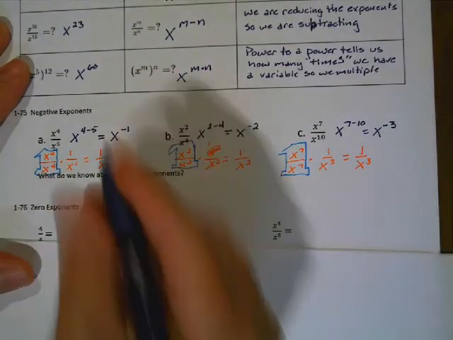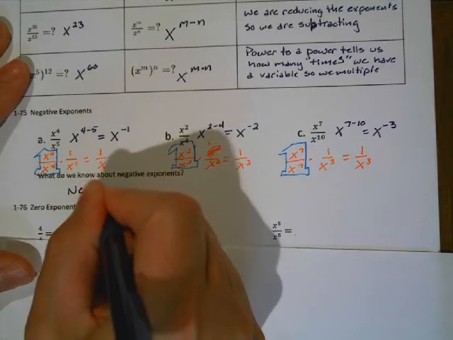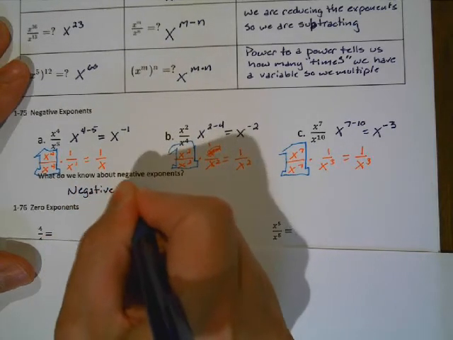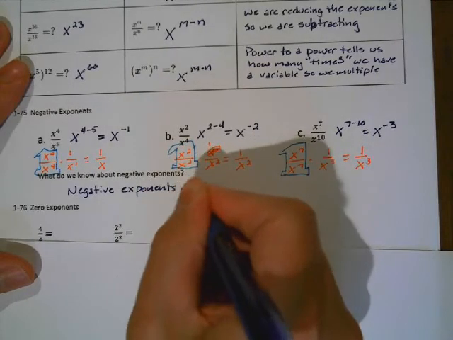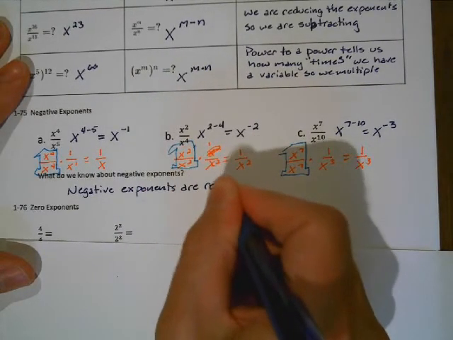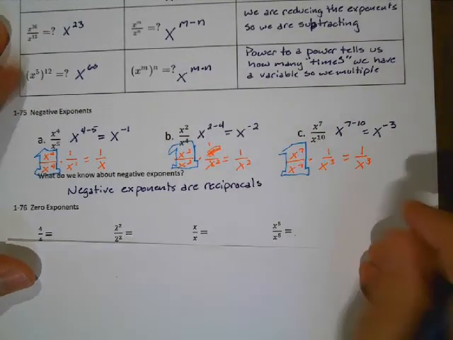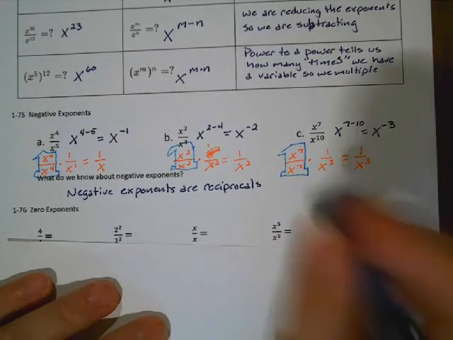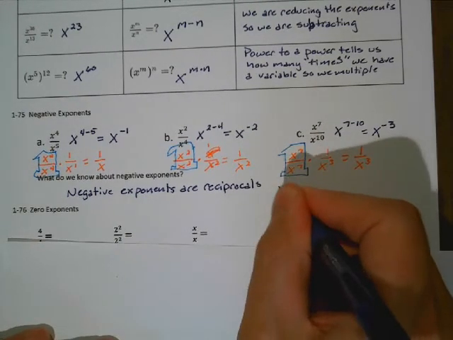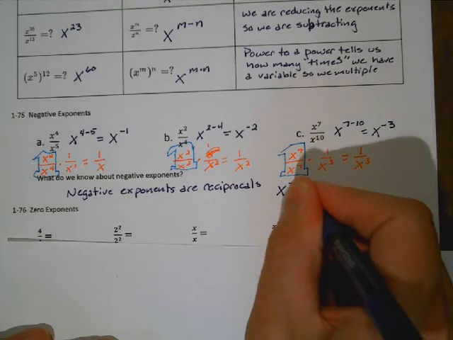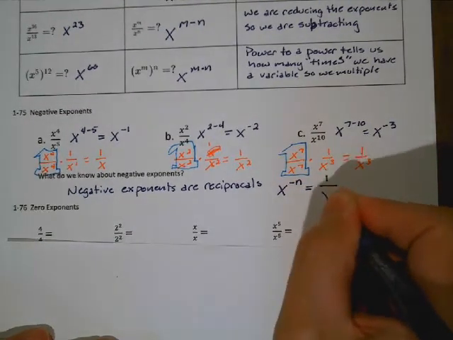So let's write that down. So our generalization of this is that if I've got x to the negative n power, that should be 1 over x to the n.